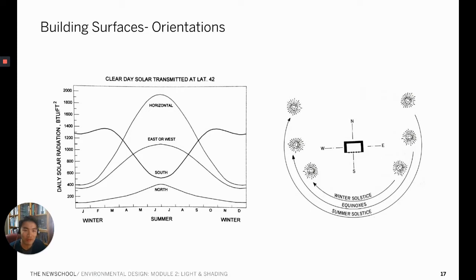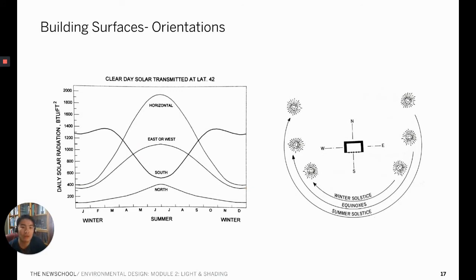The graph on the left shows the daily solar radiation received for each of 5 different orientations. For example, this is the horizontal surface's daily solar radiation received from January to December, and this is the north facade daily solar radiation from January to December, and this is south and east and west together.